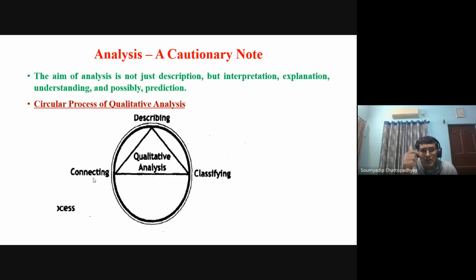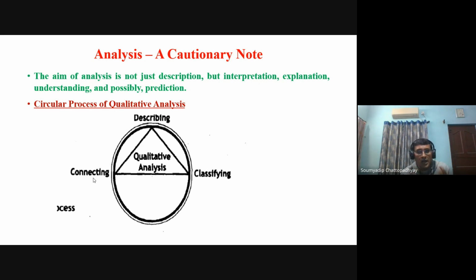Now let me describe how this description, classification, and connecting of the data are important in achieving the fundamental aim of any research analysis, which goes beyond description and is helpful for interpreting, providing enough explanation, even possibly providing prediction. That is why the circular process of qualitative analysis is very important.